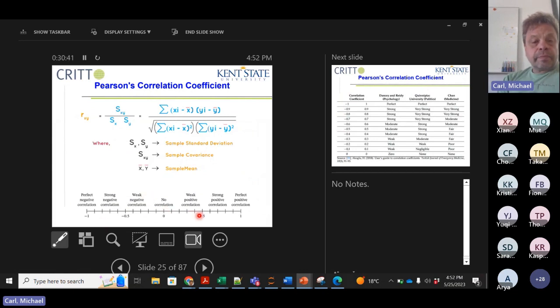And then people, instead of giving a number between -1 and +1, also give a natural language expression like weak positive correlation or strong negative correlation, and so on. And what is considered weak and strong correlation is very different in the different scientific areas.